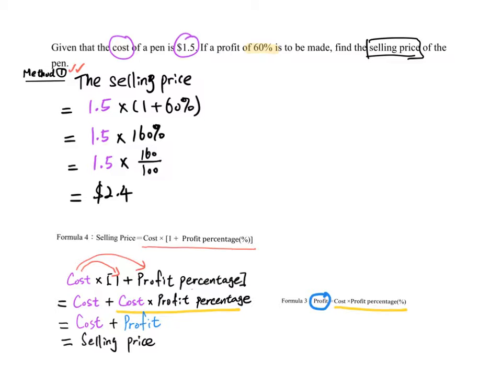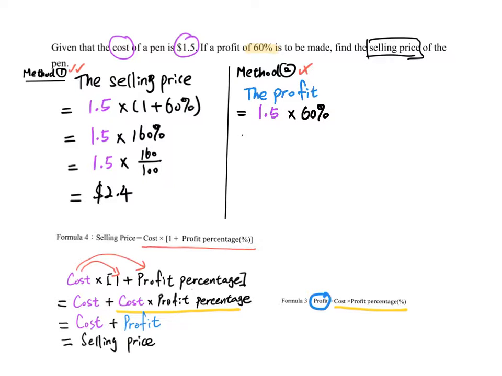But some of you may use another method. For method 2, you may need to write more steps. So that's why I recommend you to use method 1. For method 2, you may find the profit first. The profit is equal to the cost times 60%.